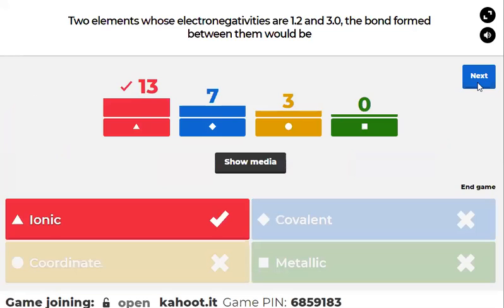Yes, it is ionic, because the difference is 1.8, right, everyone? Okay, very good.